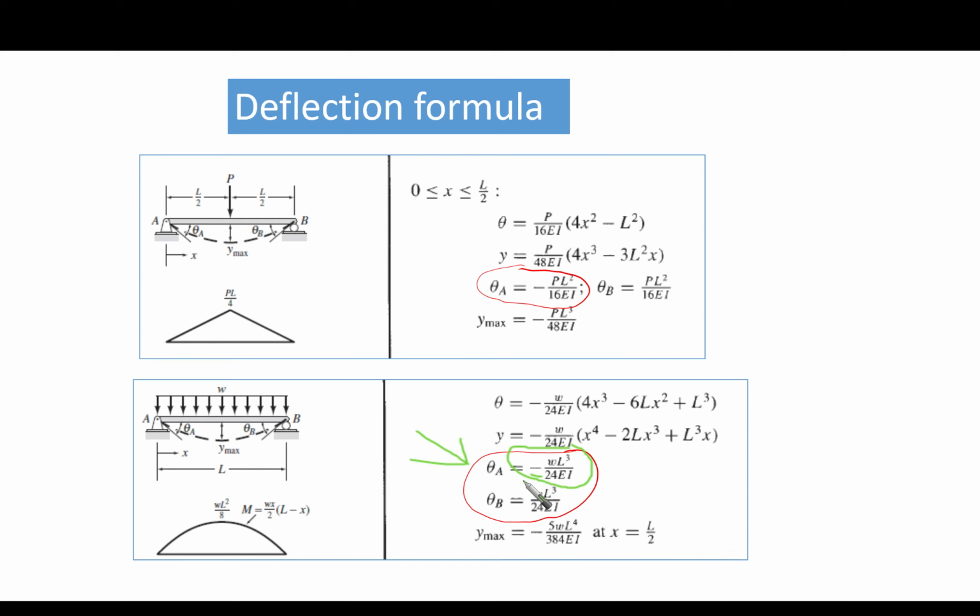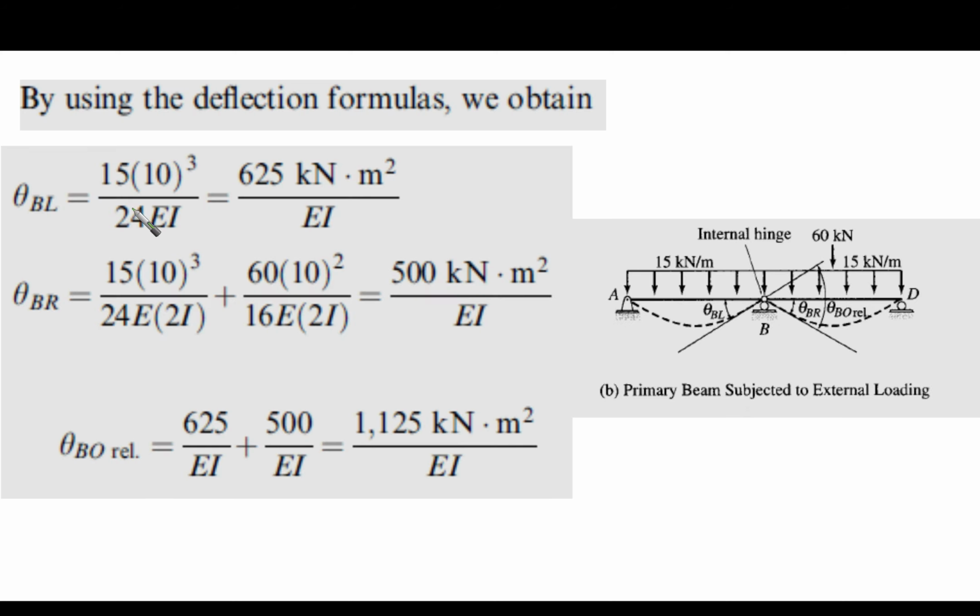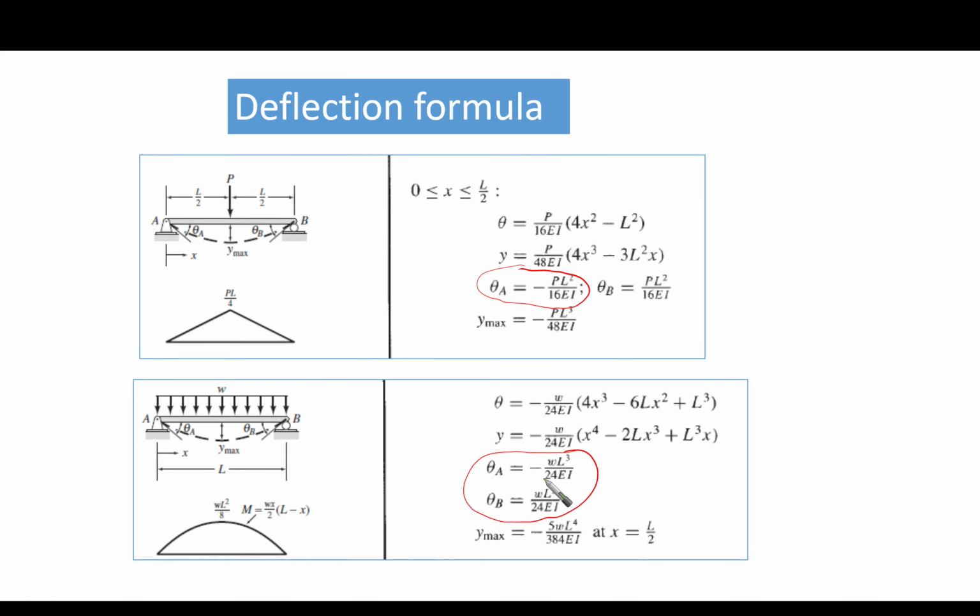Minus means that, if we're talking about A, it is clockwise, as you can see. And theta B, if it's going in this direction, means that it is counterclockwise. So take care of the sign convention here, minus and positive. Okay, let's go back. In our case, it is only one, WL cubed over 24 EI.